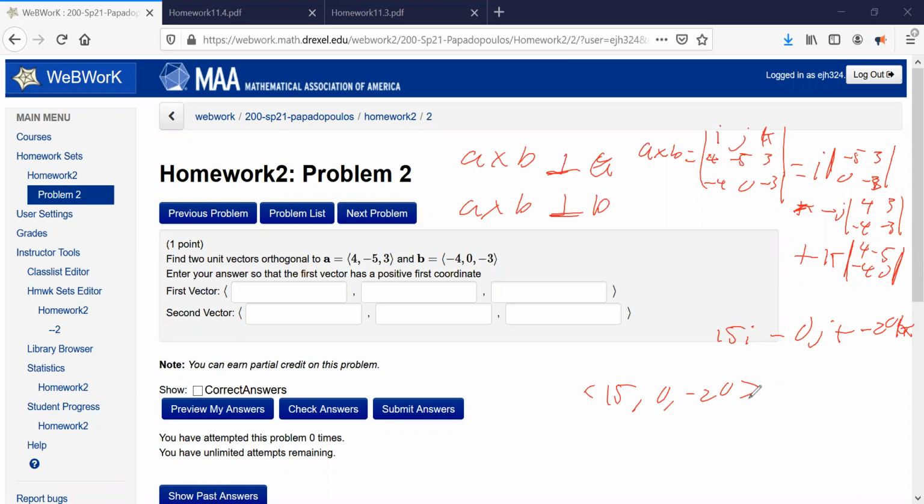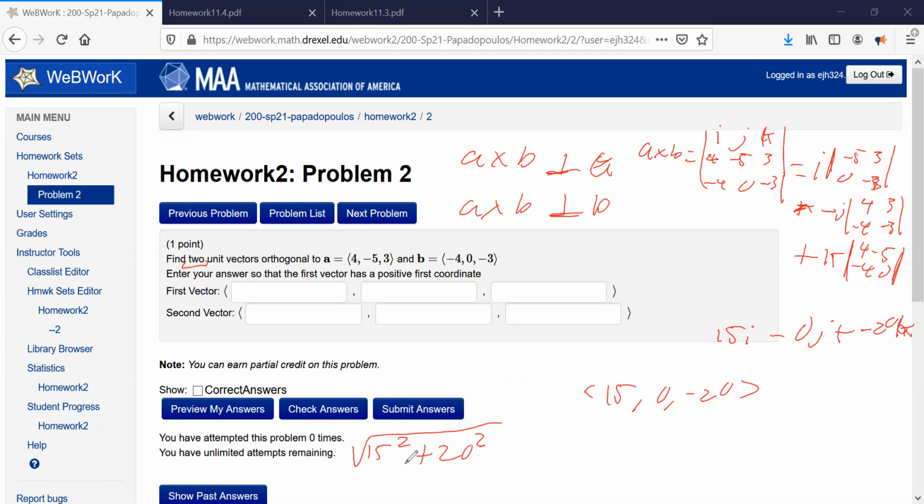And so what do I have now? Is that my answer? No, you have to find the unit vector of that. Yes, so I have to divide it by its norm, or its magnitude. So what is its magnitude? That's 15 squared plus 20 squared, square rooted.